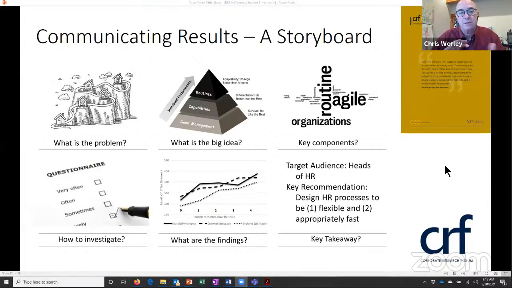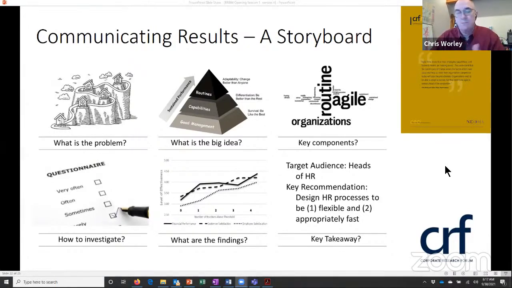And if you think about agility, here's a way out of this VUCA environment, and building some capabilities might answer some of the challenges that you're facing. So that's how we framed the problem.